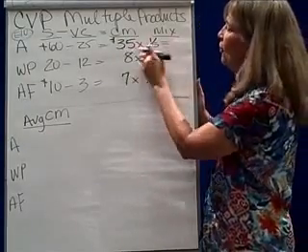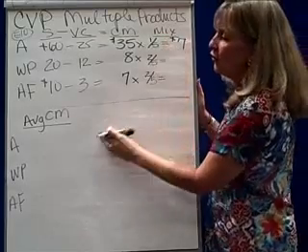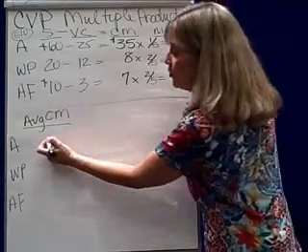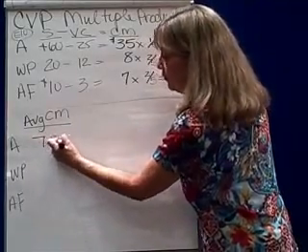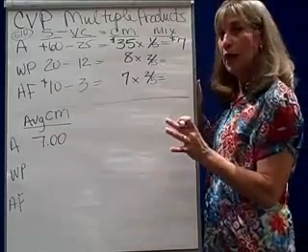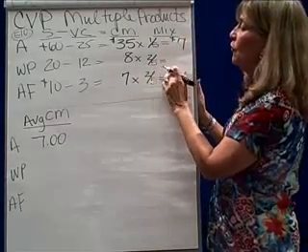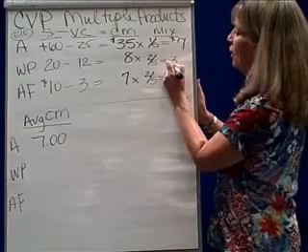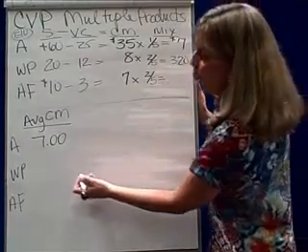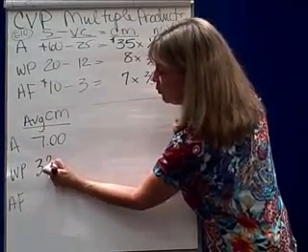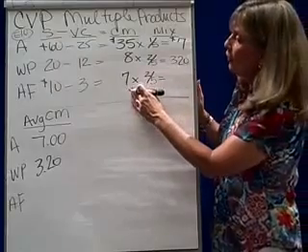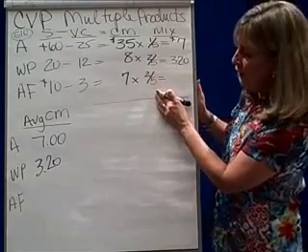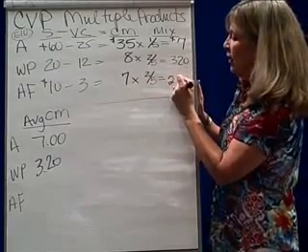So 1/5 of 35 is 7. So its average contribution margin is $7 for the company's mix. 8 times 2/5 is $3.20. So water pumps contribute $3.20. And air filters, 7 times 2/5 is $2.80.